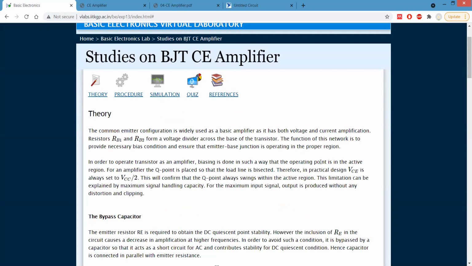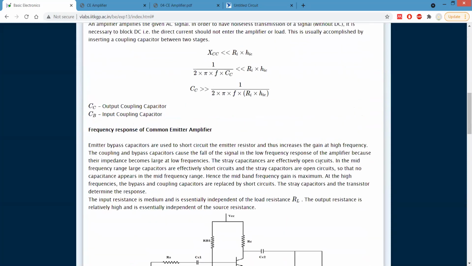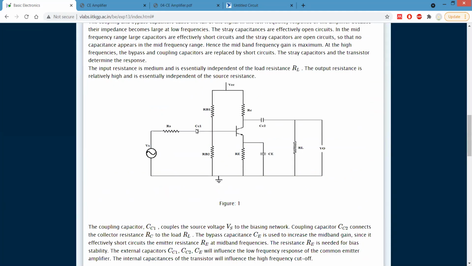If you can recall from the previous class. So let's say this is a circuit diagram for a common emitter mode amplifier. As you can see, these portions, apart from the capacitors, are the biasing.